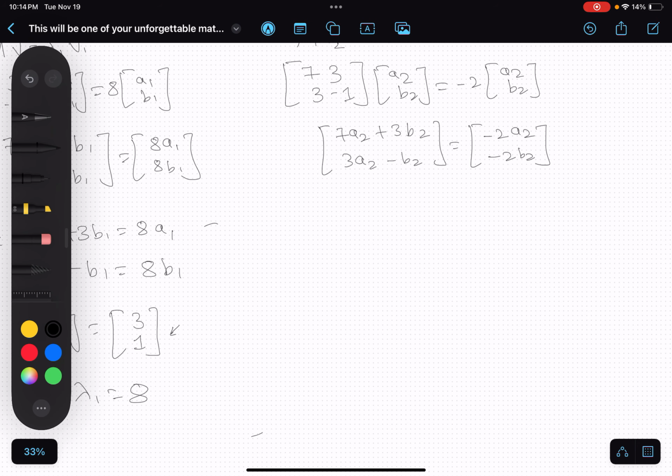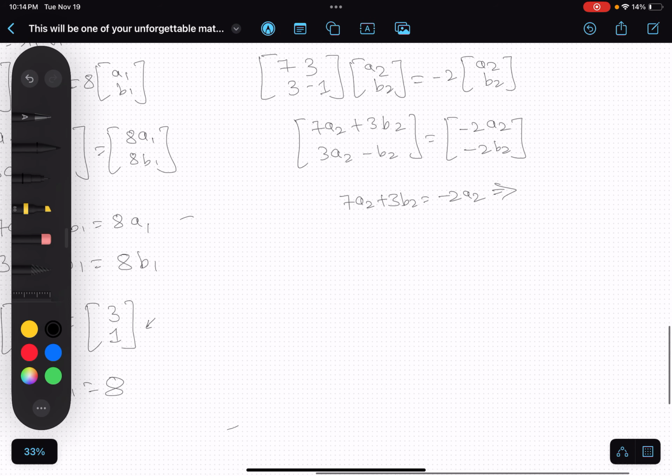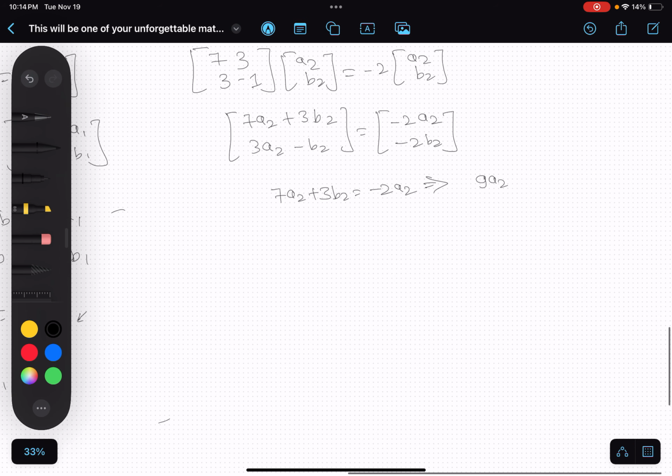So yeah, now if you just try to equate the corresponding components, this is 7a2 plus 3b2 is equal to negative 2a2, which will just become 9a2 plus 3b2 is equal to 0, and this will be 3a2 minus b2 equal to negative 2b2, which will just be 3a2 plus b2 is equal to 0, right?